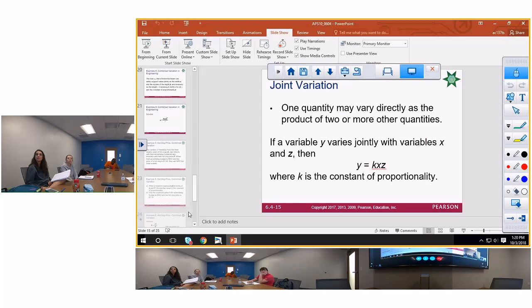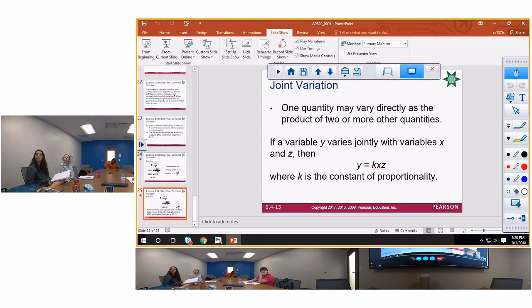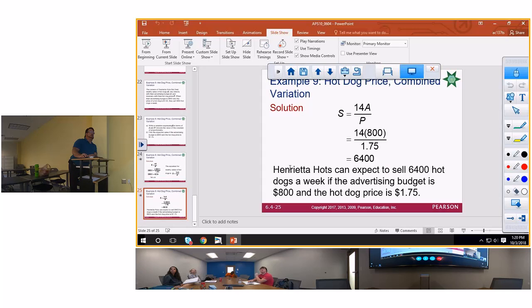I got in a hurry, sorry. There we go. Henrietta Hots can expect to sell 6,400 dogs a week if the advertising budget is $800 and the hot dog price is $1.75.